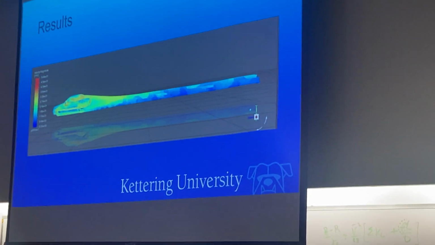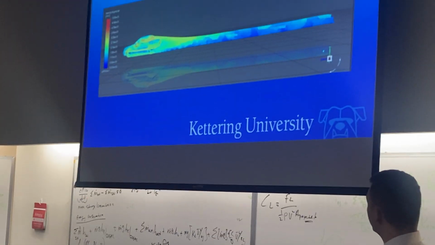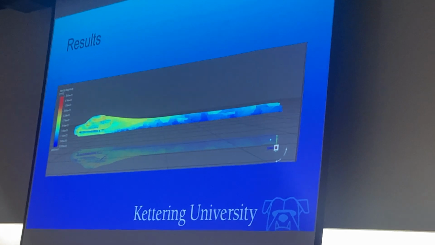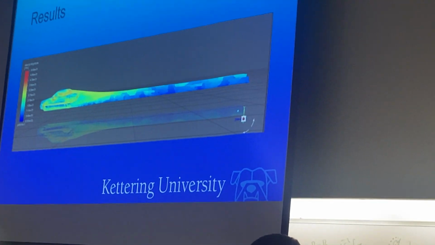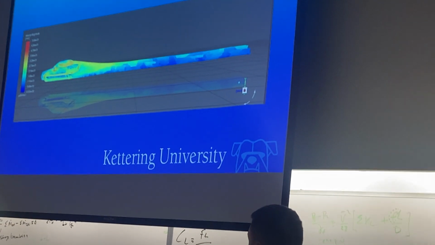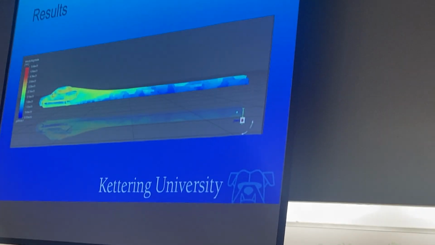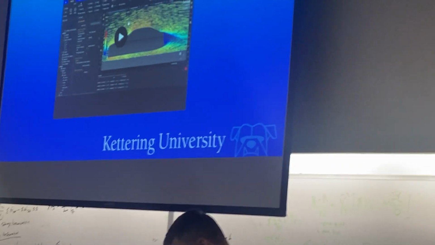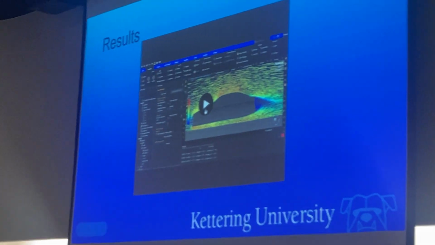And to show the importance of a large fluid domain, this is the enhanced length of the velocity turbulence. So it spans quite far. So it's quite important to have a large fluid domain. And then this is a little video showing flow paths.